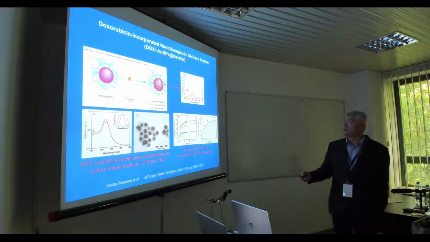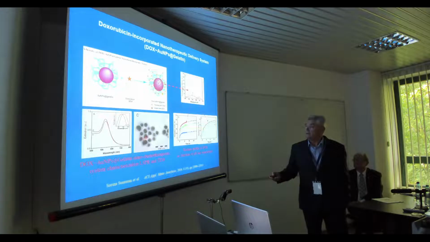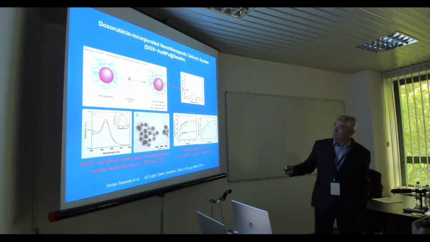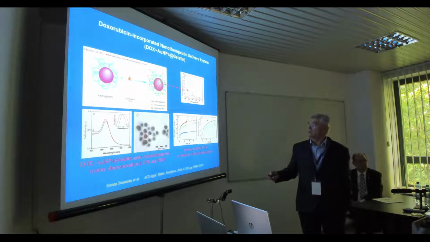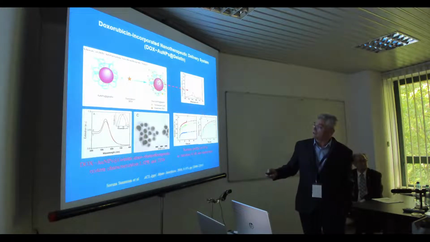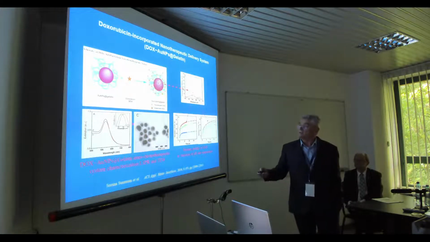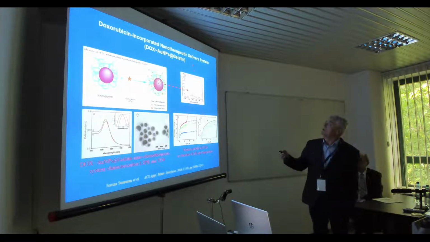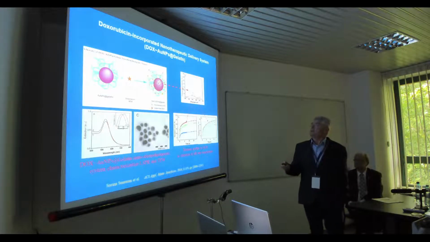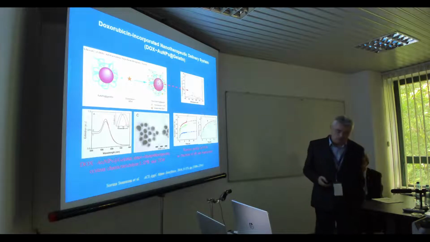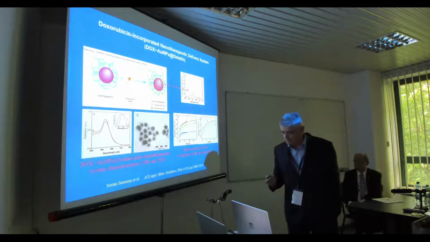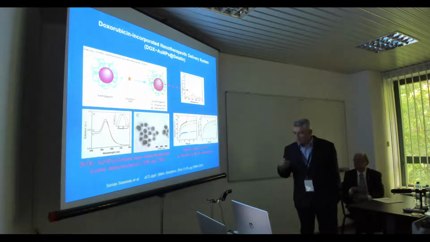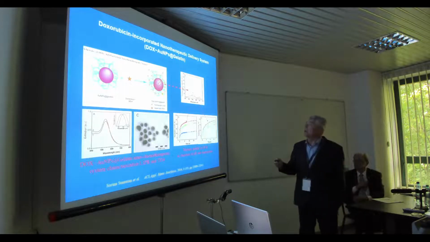You can notice here in electron microscopy the size of the nanoparticle, and greenish here is the gelatin. The spectrum shows also that the advantage of this kind of drug is that doxorubicin is also fluorescent, so it has a signal itself.